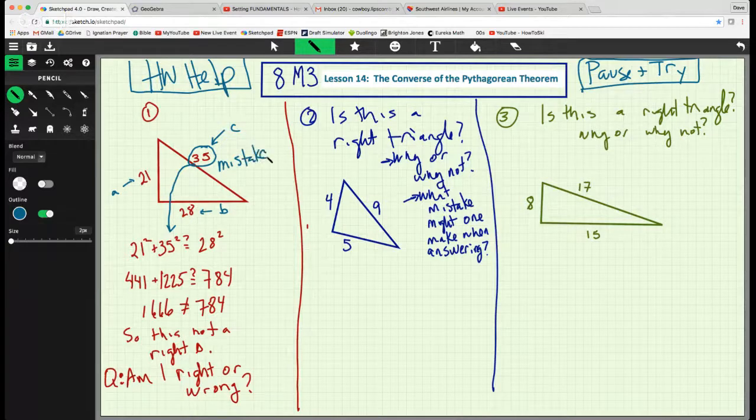What we should have done was put the 35 on the outside because that's the long side.